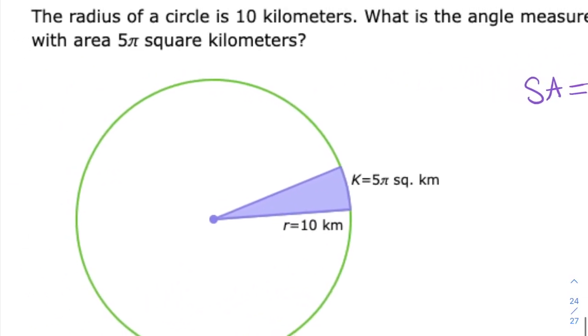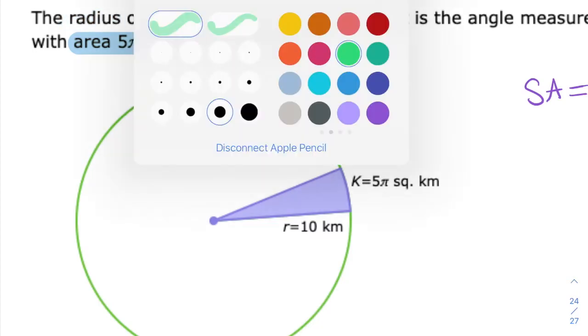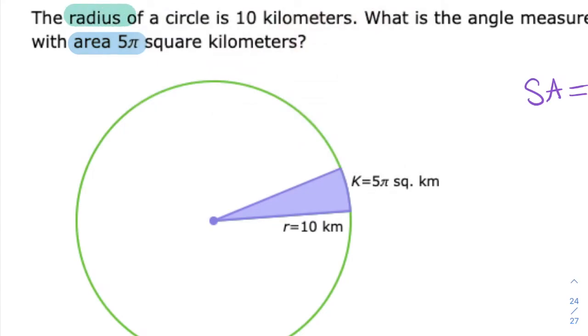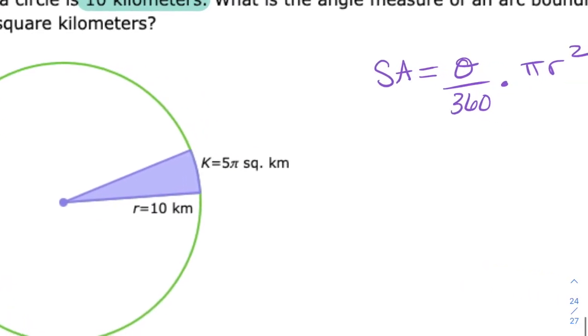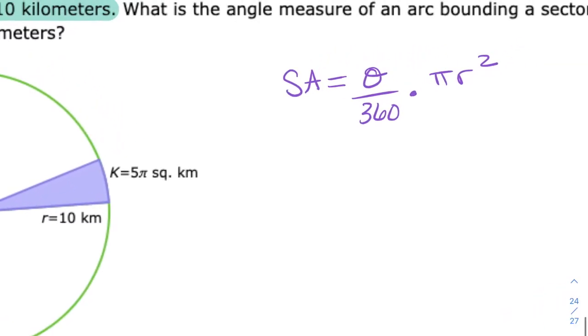It looks like they gave us an area of 5 pi and a radius of 10 kilometers. Okay, so I'm going to put those numbers in.